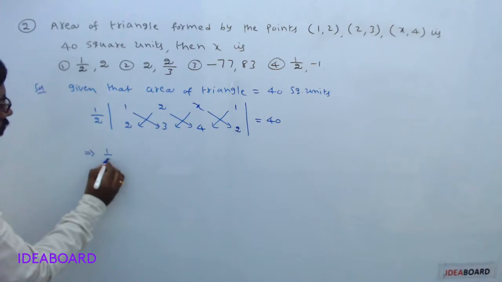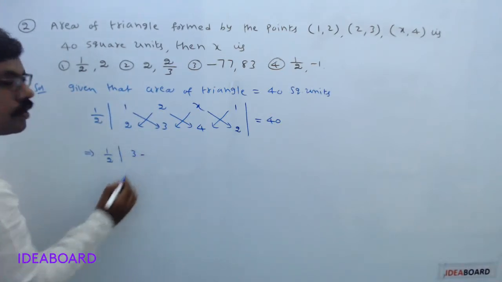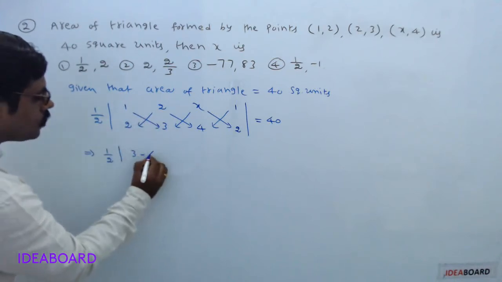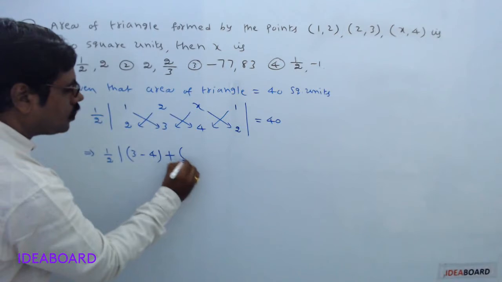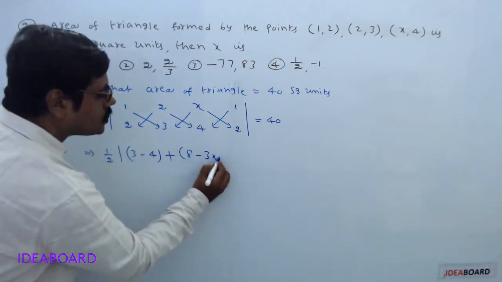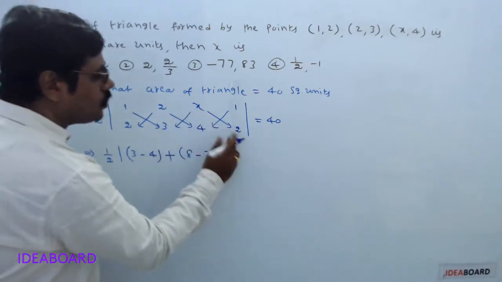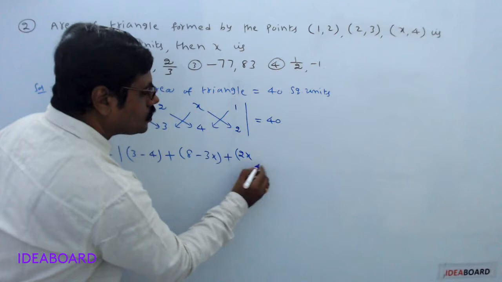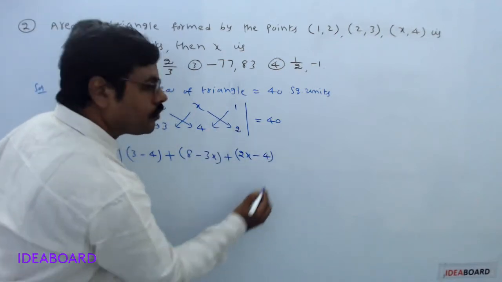This implies half modulus of 1 into 3 is 3, minus 2 into 2 is 4, plus 2 into 4 is 8, minus x into 3, which is 3x, plus x into 2, which is 2x, minus 1 into 4 is 4.